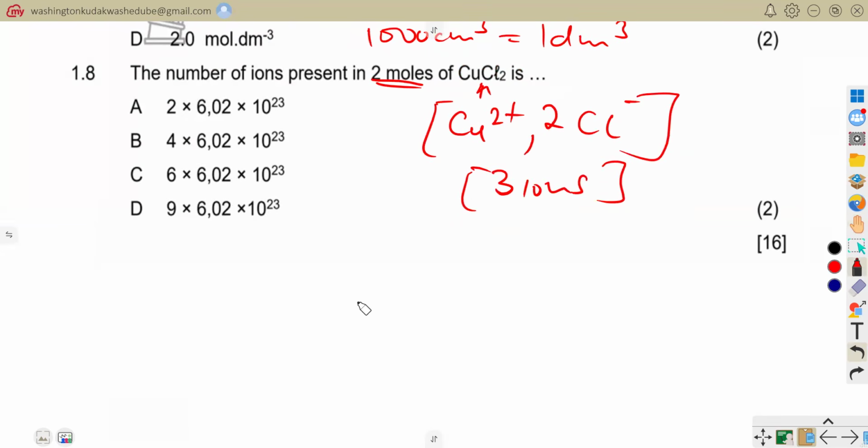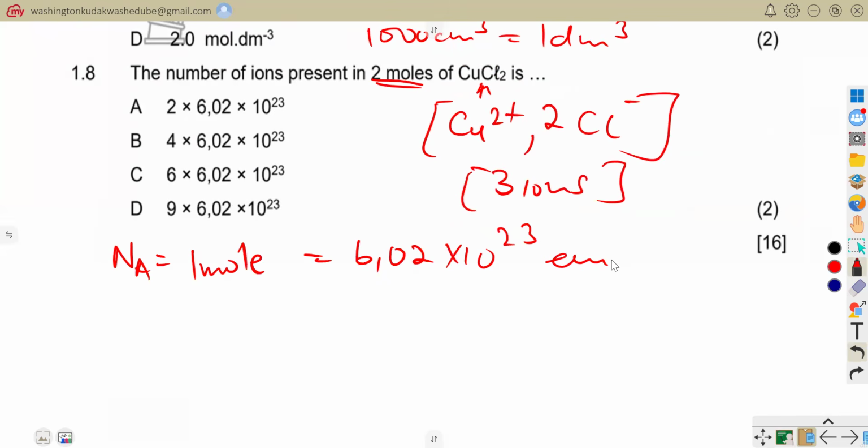According to Avogadro's constant, we know that 1 mole of any compound is equal to 6.02 times 10 to the power 23 entities.